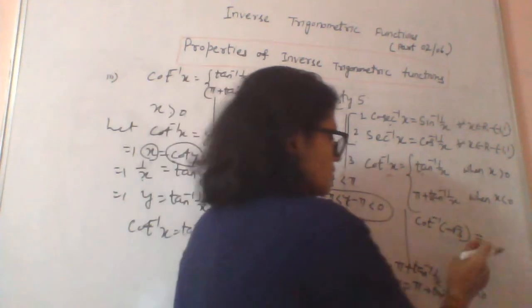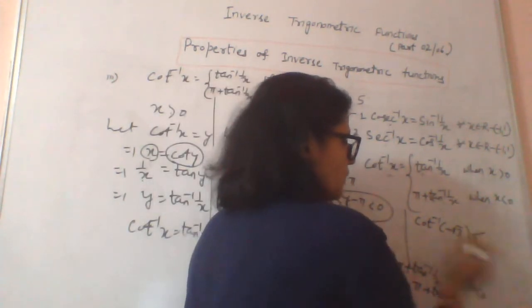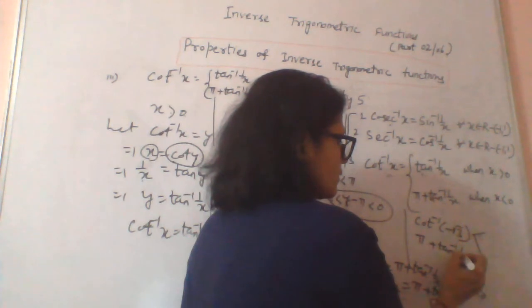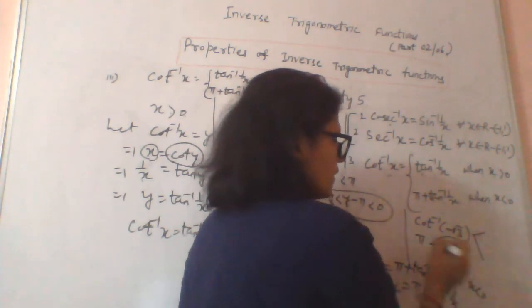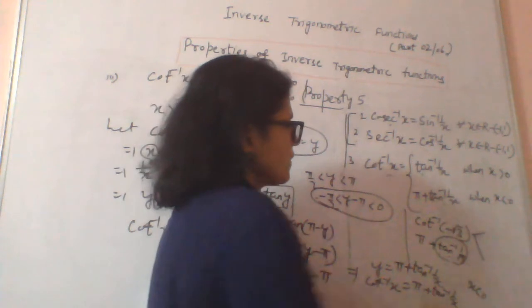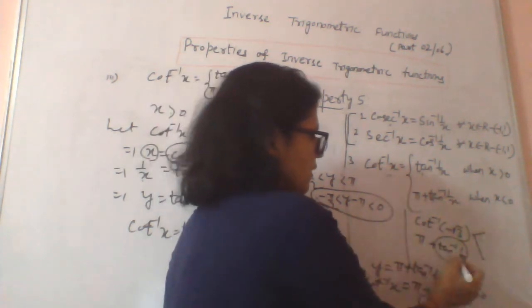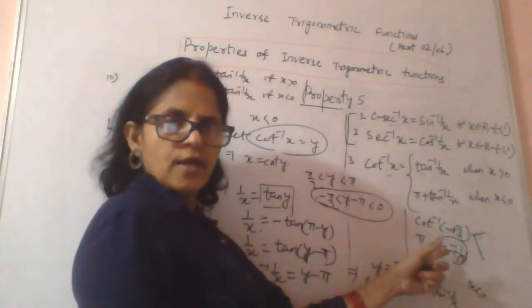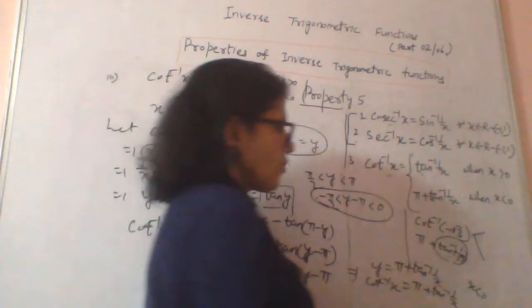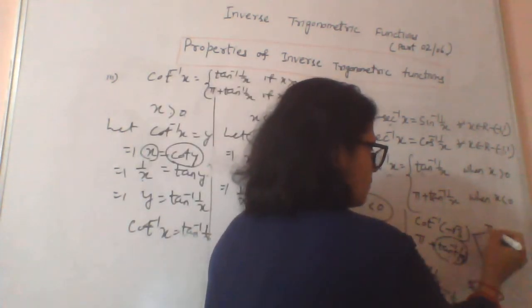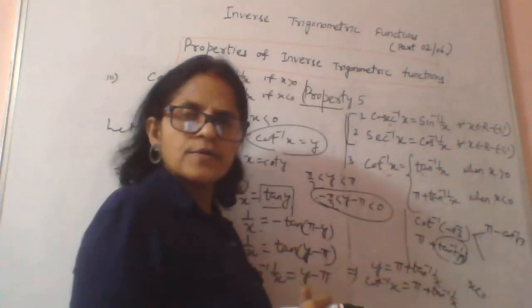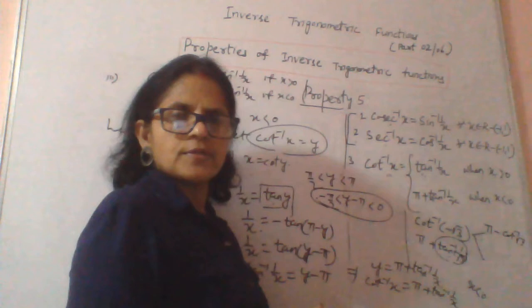Here there are two ways of solving the question. Either you write pi plus tan inverse of minus 1 by root 3, which becomes pi minus tan inverse 1 by root 3, since x is less than 0. Or you can take pi minus cot inverse root 3, using cot inverse of minus x equals pi minus cot inverse x.